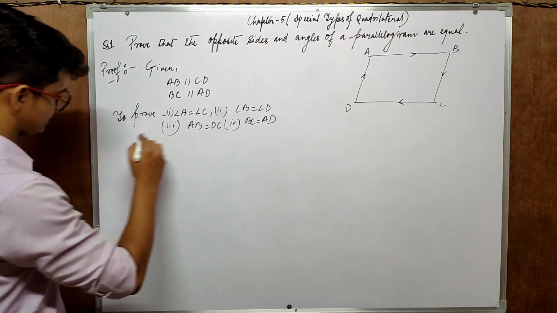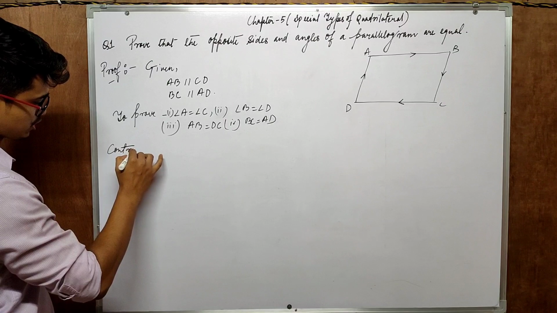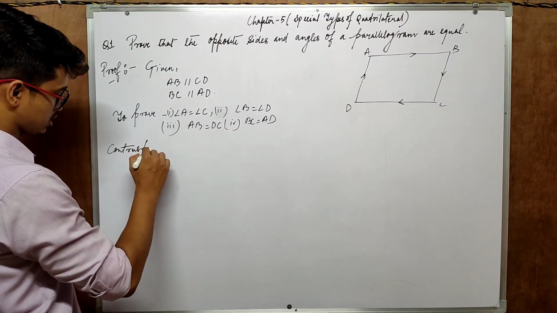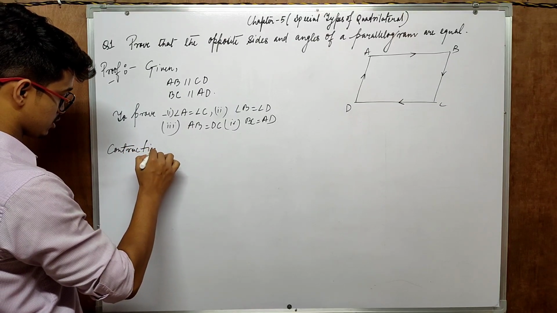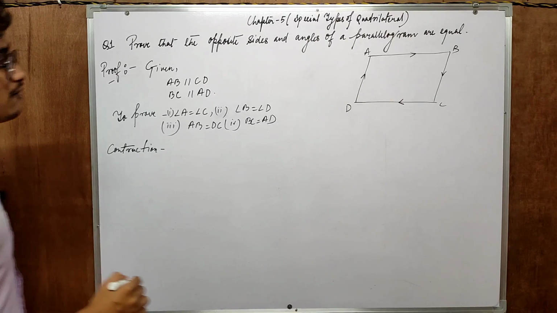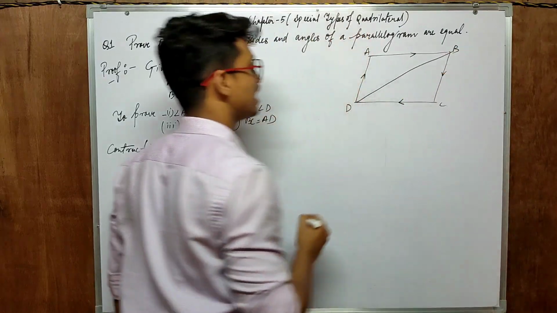Now see, construction. What do we construct over here? In construction, we draw one diagonal.